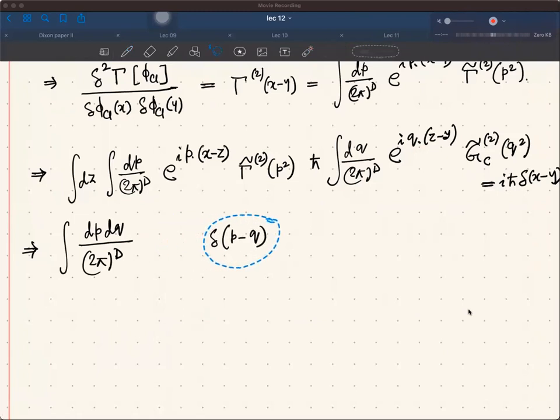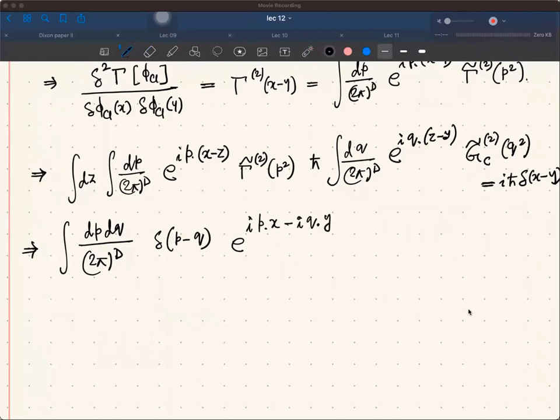Before that I have to write the p integral. Then e to the power i p dot x minus i q dot y, then gamma tilde 2 of p square times G tilde c2 of q square is equal to i h bar delta(x minus y).